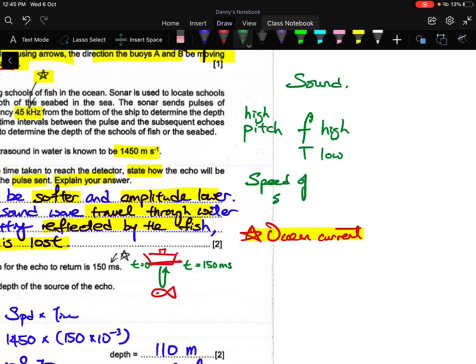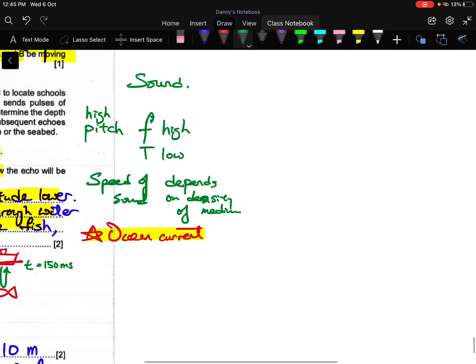The speed of sound depends on the density of the medium. So if you shout or scream high pitch or low pitch in air, actually the speed of sound is constant.